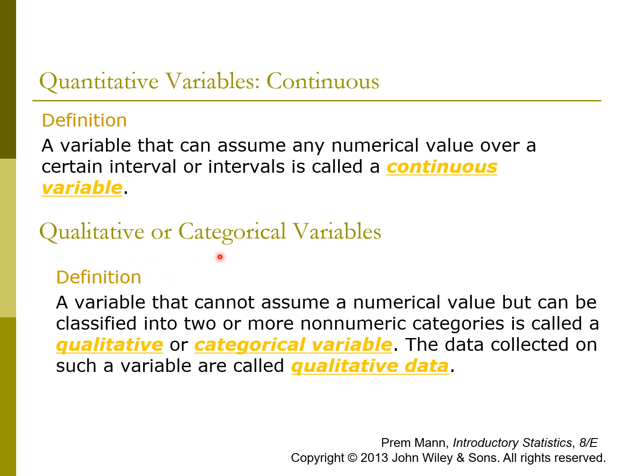Then again, we have what we call qualitative. Remember, somebody will say it is the opposite of quantitative. Yes, it is, but what is the definition? It is a variable that cannot assume a numerical value, but can be classified into two or more non-numeric categories.